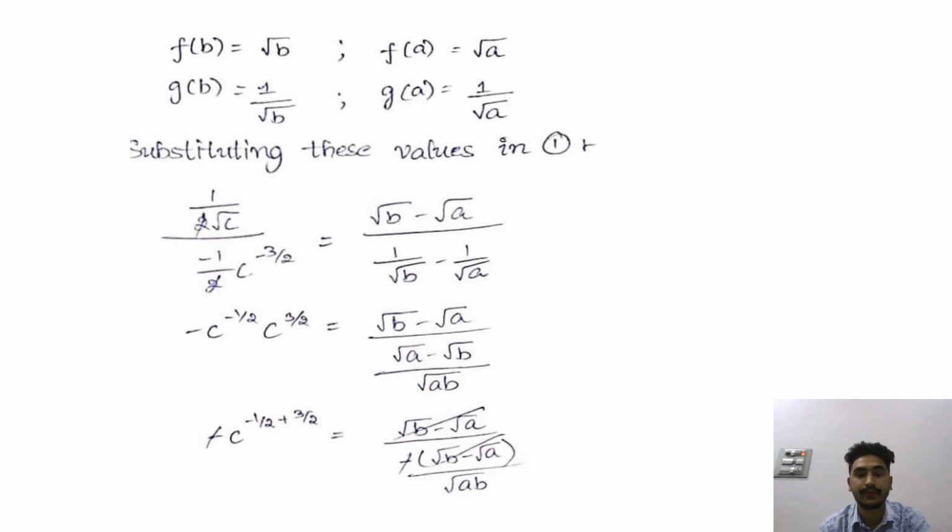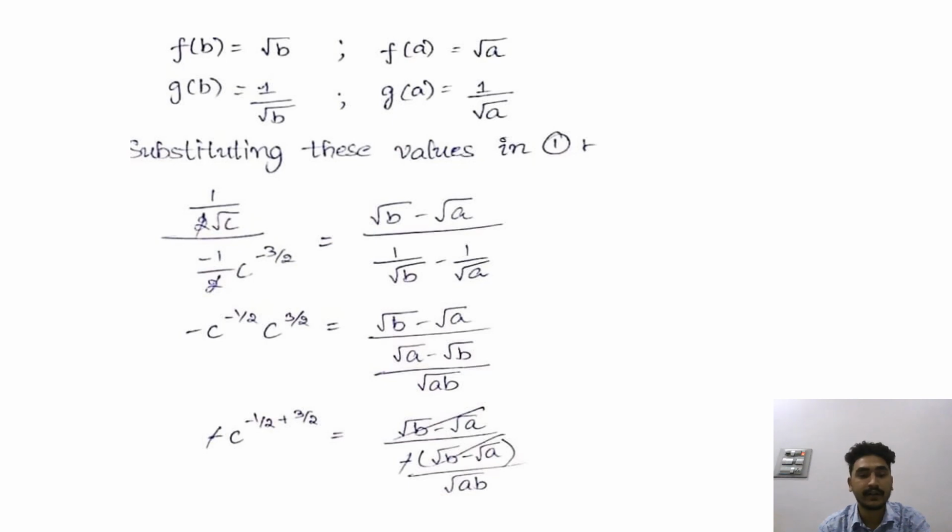Substituting these values in the first equation, we get (1 by 2 root c) divided by (-1/2 c^(-3/2)) is equal to (root b - root a) divided by (1 by root b - 1 by root a). Here the 2 cancels, and we get -c^(-1/2) c^(3/2) is equal to (root b - root a) divided by (root a - root b) divided by root ab.